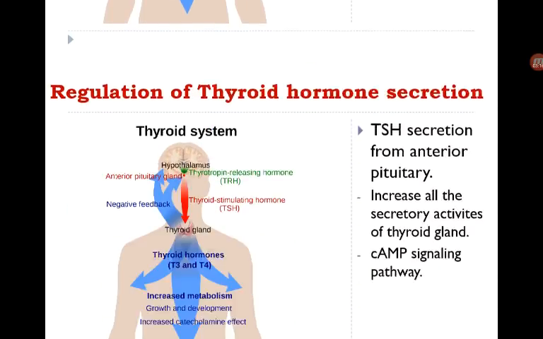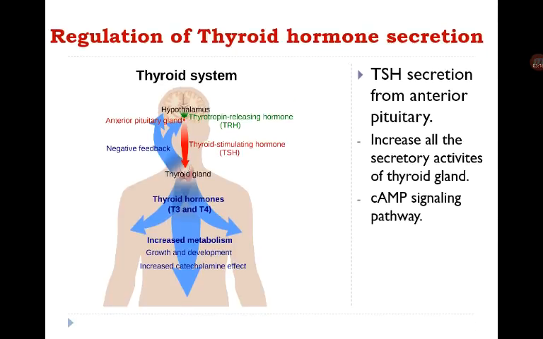Now what's TSH and what's its function? TSH is secreted from the anterior pituitary, as we mentioned. TSH means thyroid stimulating hormone or thyrotropin. Thyrotropin is going to bind certain receptors in follicular cells, activating the cyclic AMP signaling pathway.